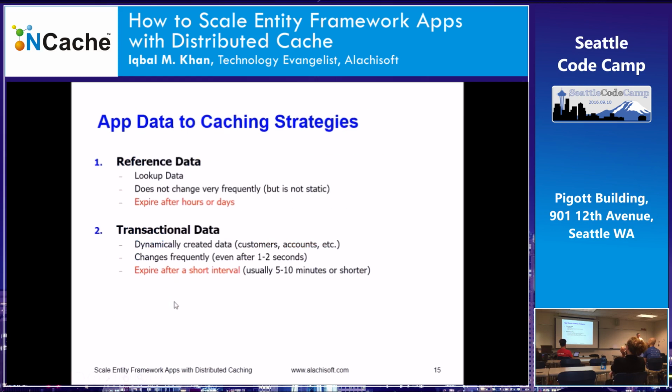this is what I was talking about, the reference data versus the transactional data, that you need to be able to cache transactional data. So transactional data is your customers, your accounts, your activities, and most of the time you will need to read that same data at least 5-10 times within a short period of time.